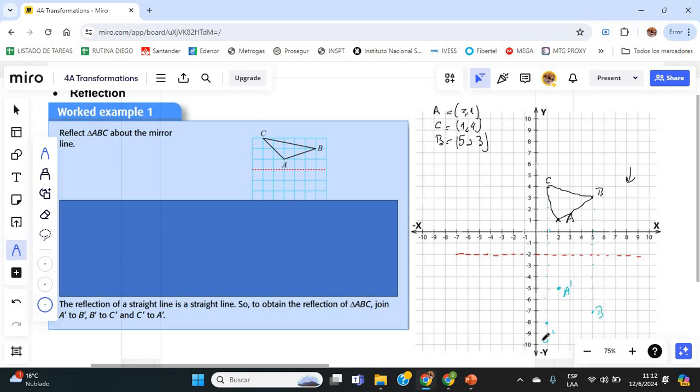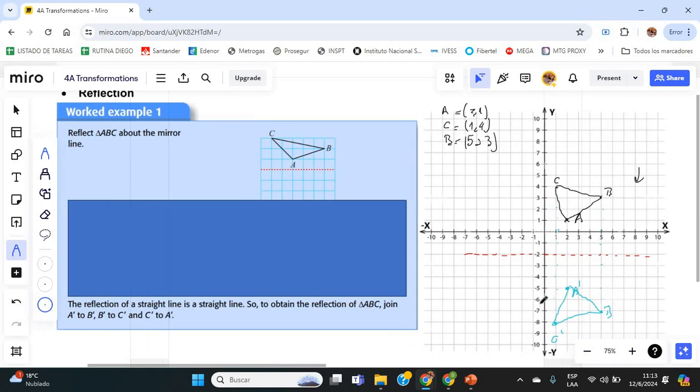Again, we write the primes to represent that these are the images of the points A, B, and C correspondingly. And we now just connect the lines. And there we have done a reflection of an object, in this case.